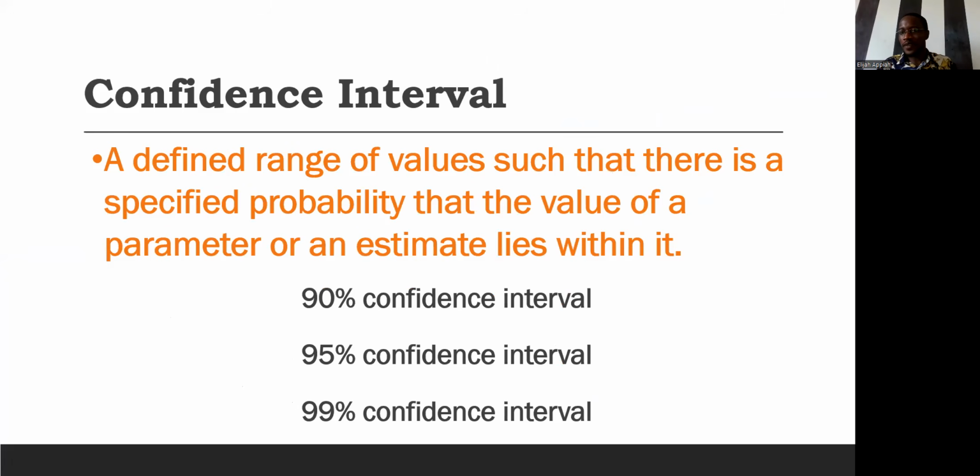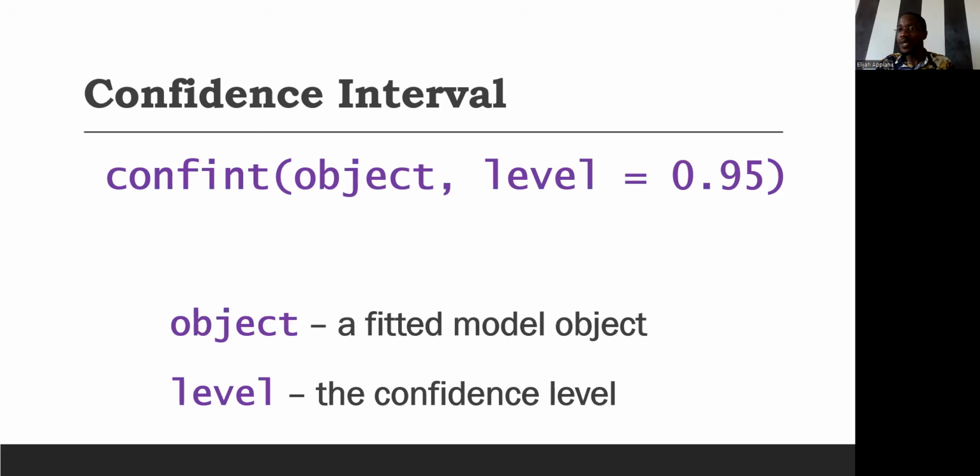Yes, of course, we do have confidence interval. Now, we have explained this before again, that the confidence interval would be a certain defined range of values such that there is going to be a specified probability that the value of a parameter that we have estimated lies within that range. So we do have 90% confidence interval, 95% confidence interval, 99% confidence interval. How do we calculate confidence interval?